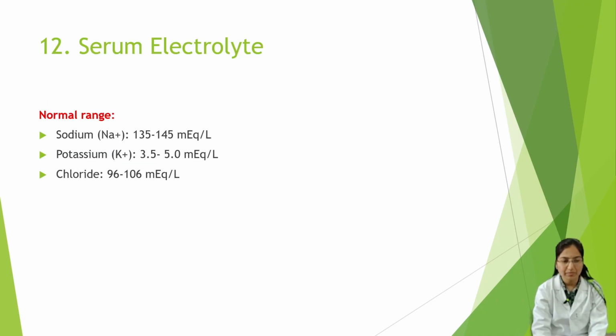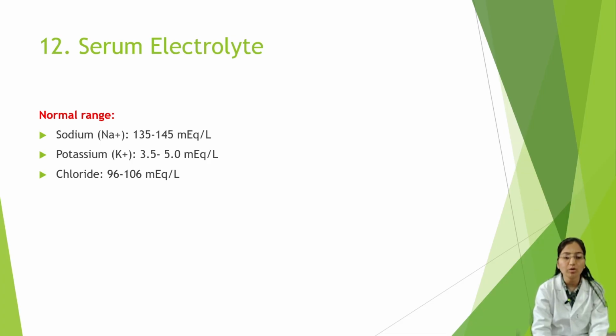Next test is serum electrolytes. Here normal range is sodium 135 to 145 mEq per liter, potassium 3.5 to 5.0 mEq per liter, and chloride 96 to 106 mEq per liter.